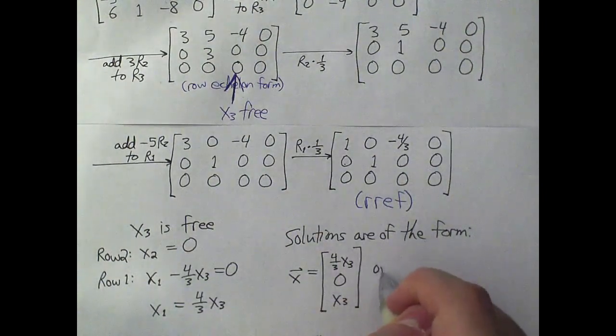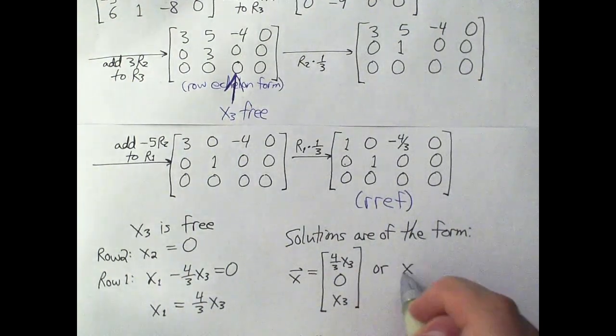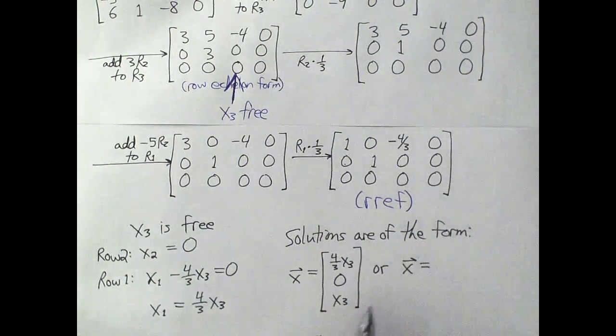Okay, solutions are everything of that form, or a new way for us to write this is: x3 is just a real number, right? I mean, x3 can be any real number, but real numbers you're allowed to pull out of a vector.